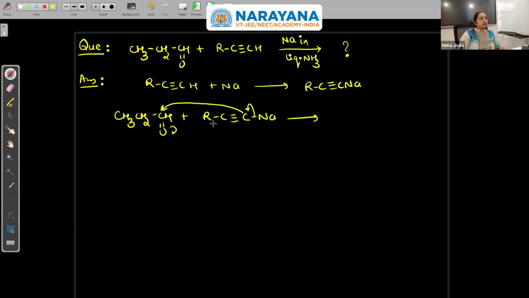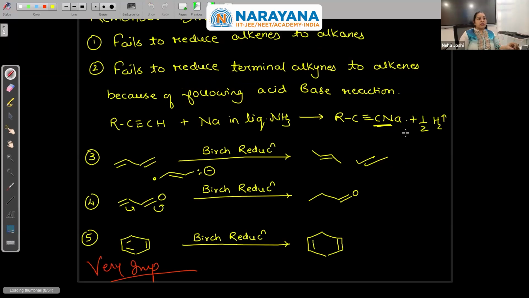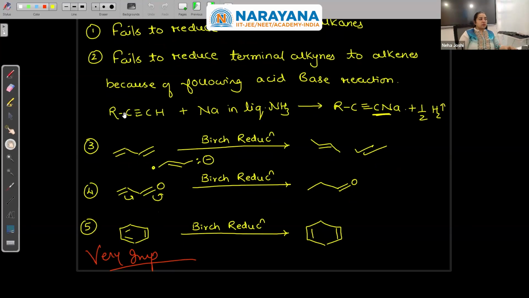This is what will be observed: CH3CH2CH(ONa)C≡CR. This will be our answer, not the reduction. So for terminal alkynes, organometallic formation with liberation of hydrogen gas is observed.